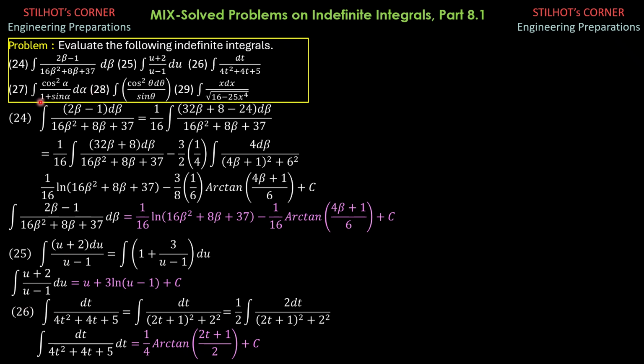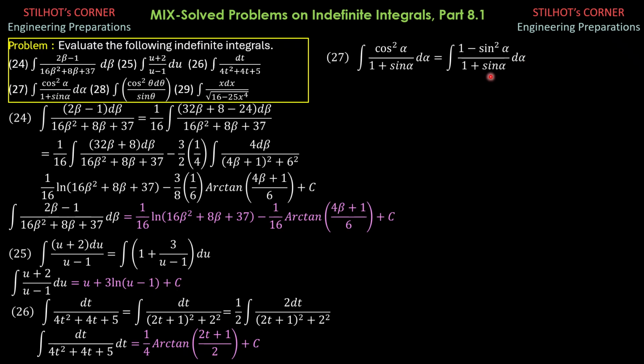We proceed to 27. Integral of cosine square alpha over 1 plus sine alpha differential alpha. We write cosine square alpha as 1 minus sine square alpha. Then we factor 1 minus sine square alpha into (1 minus sine alpha)(1 plus sine alpha).